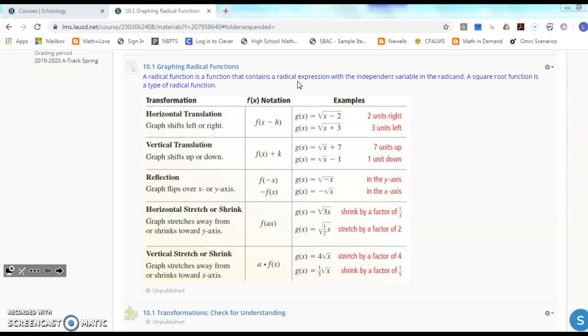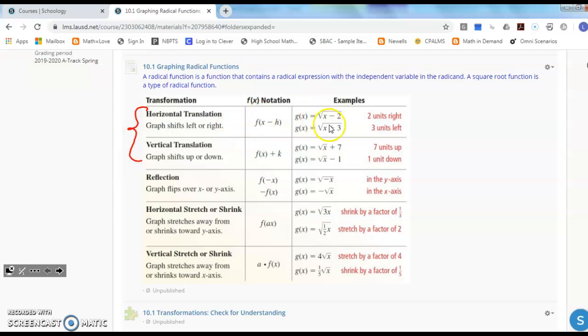Well, first, let's talk about the difference between horizontal translation and vertical translation. These two affect your graph in the same way. They move the graph in different directions depending on the sign of the constant. For horizontal translation, take note that the constant being added or subtracted is inside the radical symbol together with the variable, right?